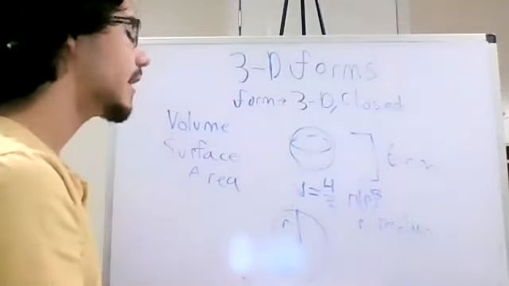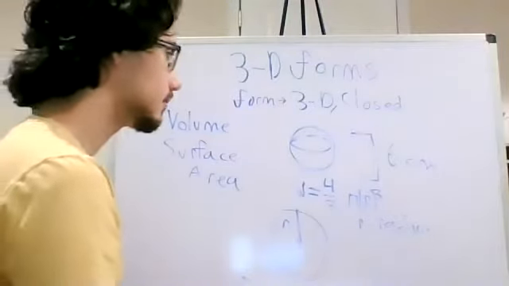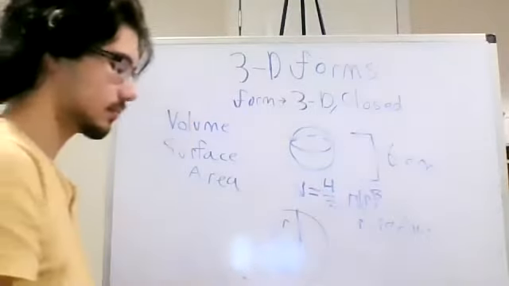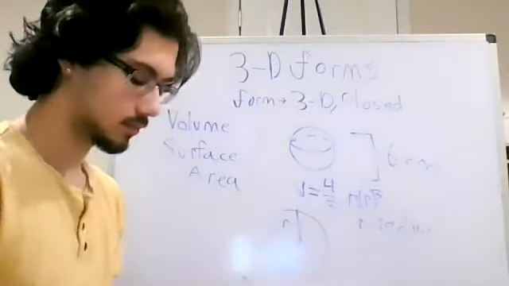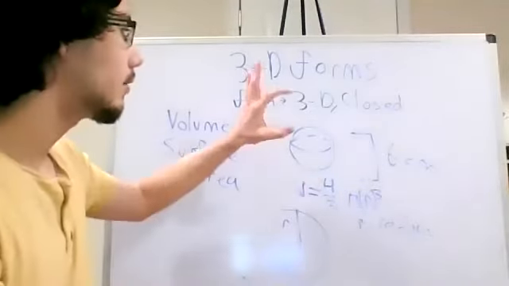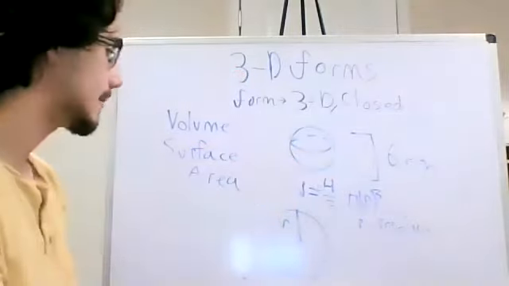Do we know how we can find r from the information that we have? We know that if we measure the sphere from top down, it is 6 centimeters.